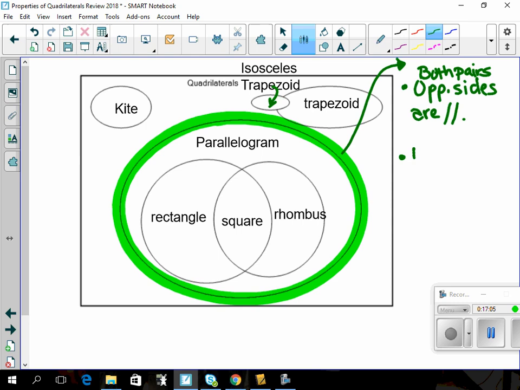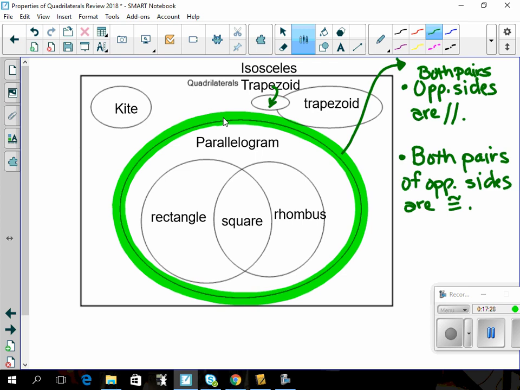The next thing is that both pairs of opposite sides are congruent. Okay? Another property that's true for every single thing inside the green circle.